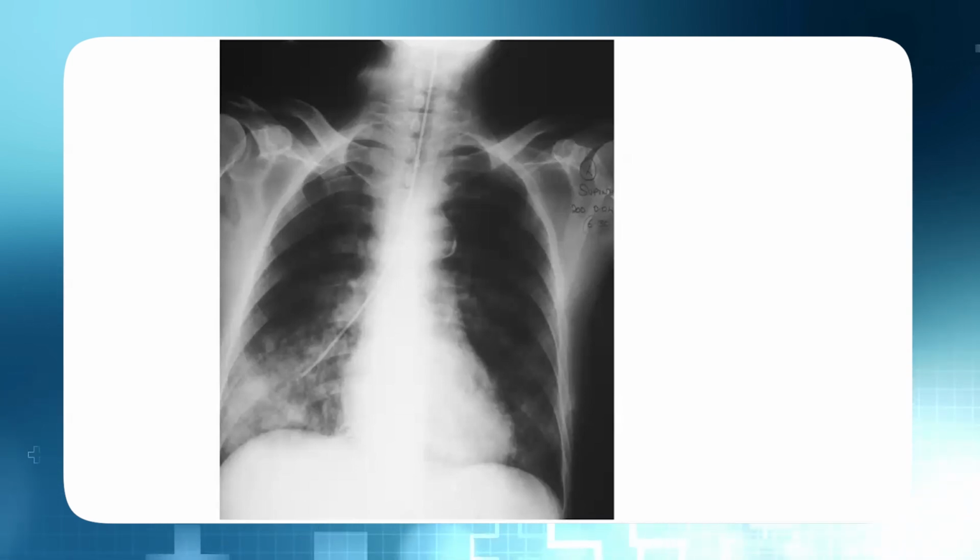The chest X-ray is showing that the tube is going into the right bronchus, so aspiration is going on the right side only, and aspiration pneumonia will be there.